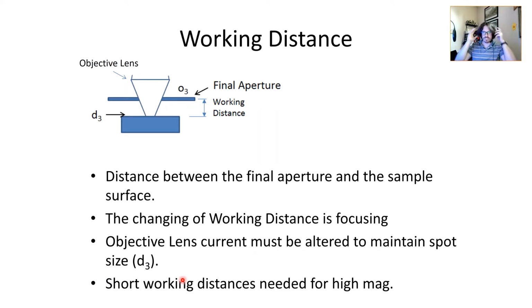Every sample is different, and you have to play around with things depending on the sample you have. But working distance, in this case, is the distance between the final aperture and the sample surface. So it's very much analogous to the distance between the lens and your sample surface on an optical scope.